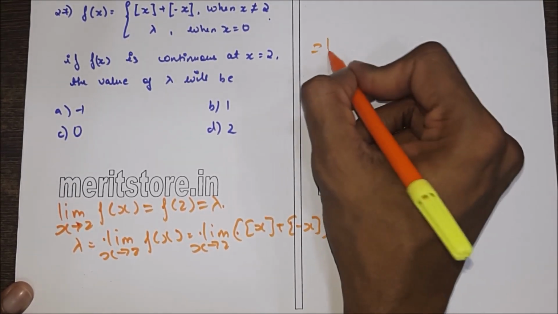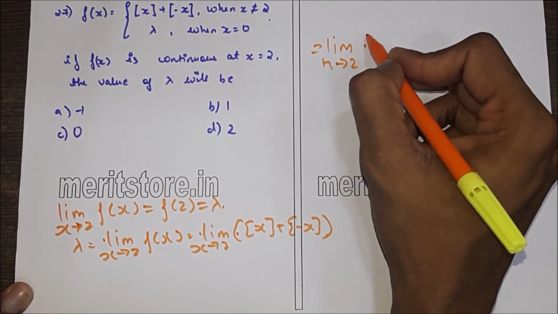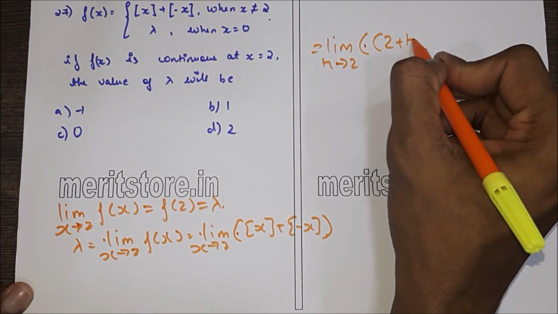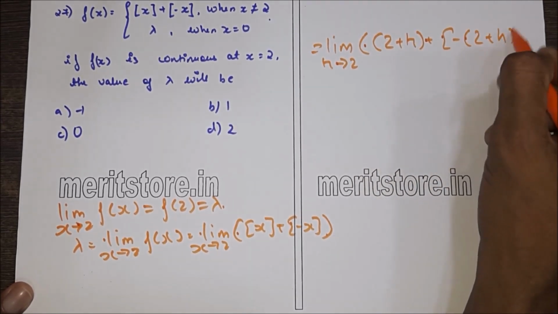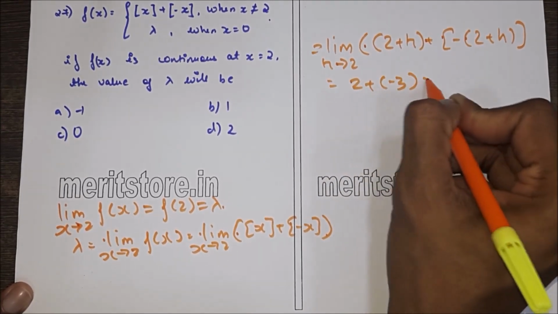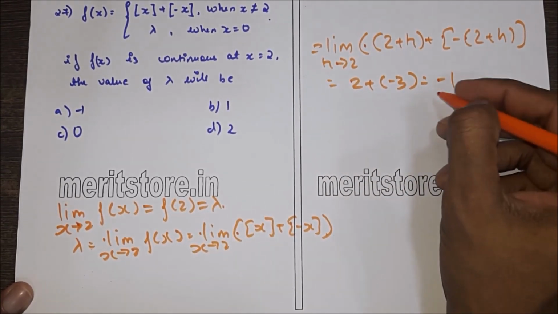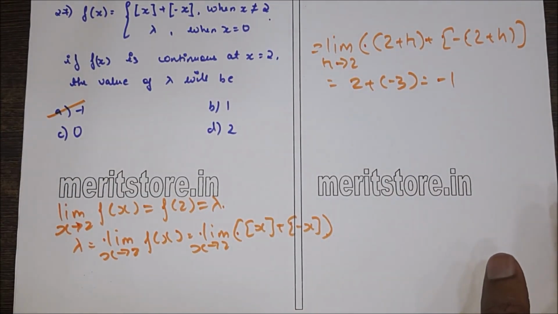Further solving, we get limit h approaches to 0, 2 plus h plus of minus 2 plus h. Further, we get 2 plus minus of 3, which is equal to minus 1, which matches with option A. Therefore option A is the correct answer.